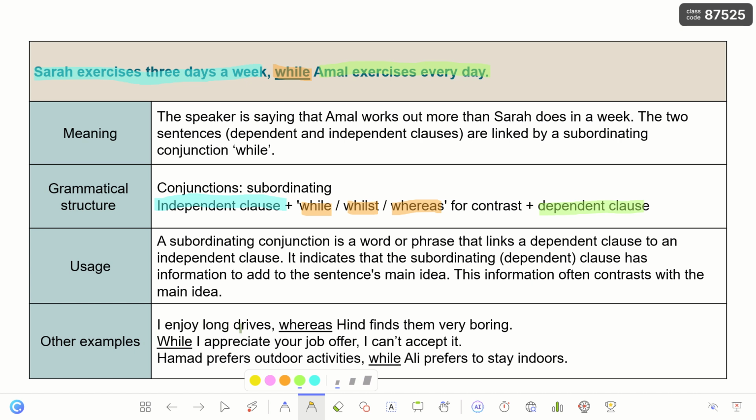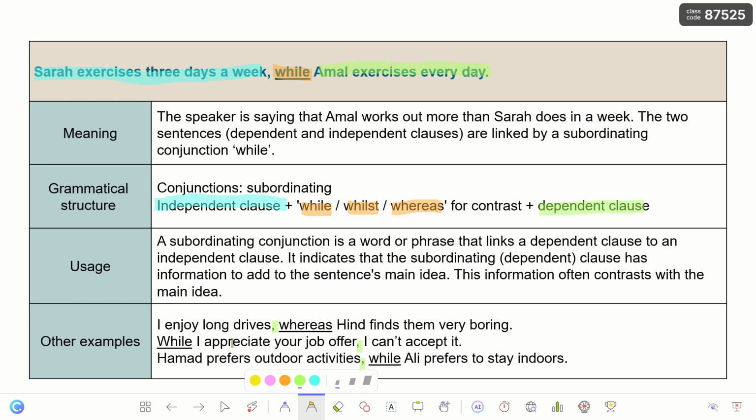I enjoy long drives, whereas Hind finds them very boring. Look here, I have this comma. I have a comma to separate these two clauses, whereas I use it to compare, to contrast between two things, I and Hind. While I appreciate your job offer, I can't accept it. Okay, balanced.